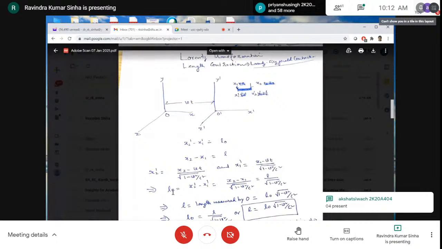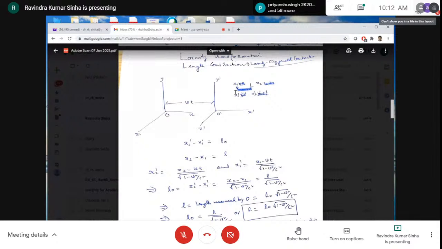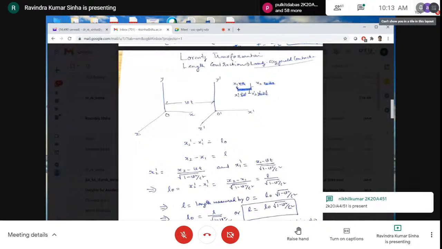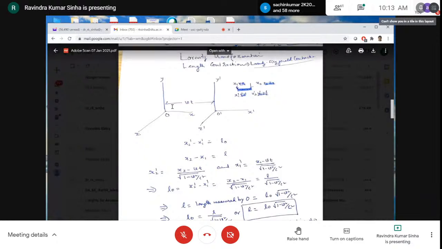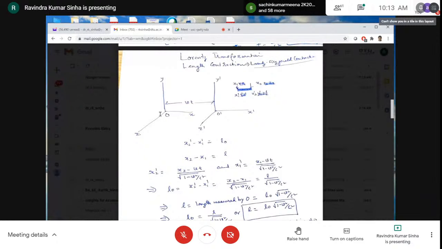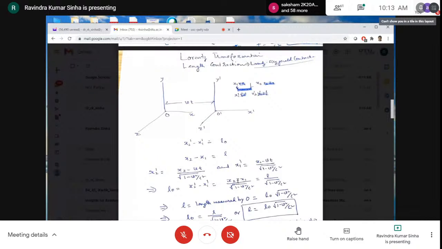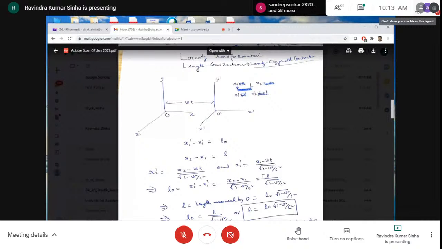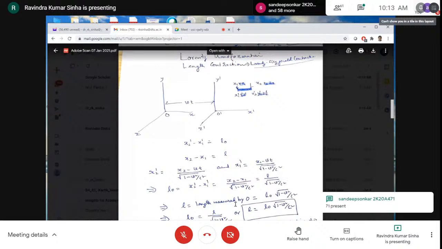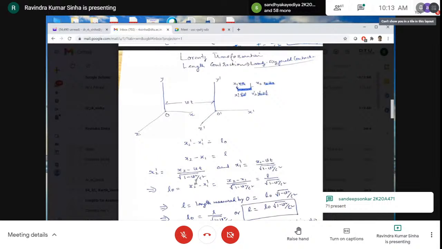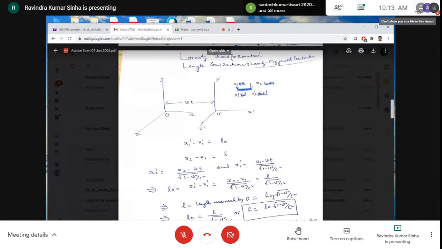So now L0, that is when the person who is in the same frame of reference is measuring, isn't it? So that is the proper length. So actually it is L0 length, but for a person from the stationary frame of reference, it will not appear L0, it will appear as L. Okay, so x2 minus x1 is L. So this L is the length measured by observer O. Okay, so that will appear to be a bit less.